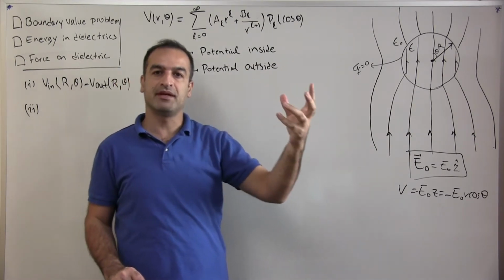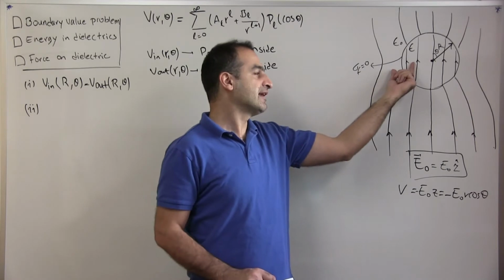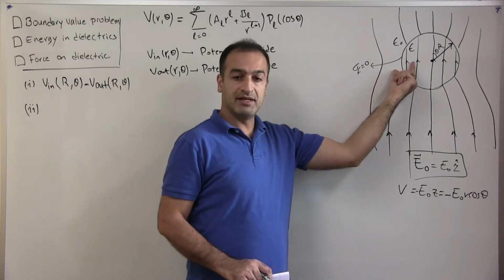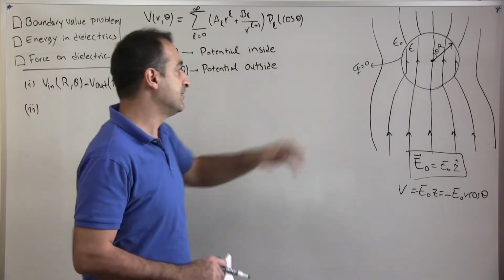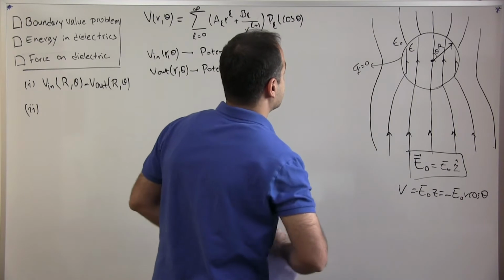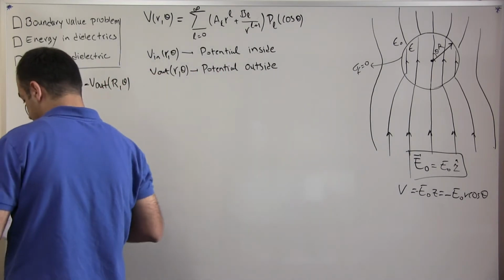The dielectric was neutral when we put it. But because of the polarization and because we have different dielectric constants across this boundary, the normal component of the electric field to the surface can be discontinuous.